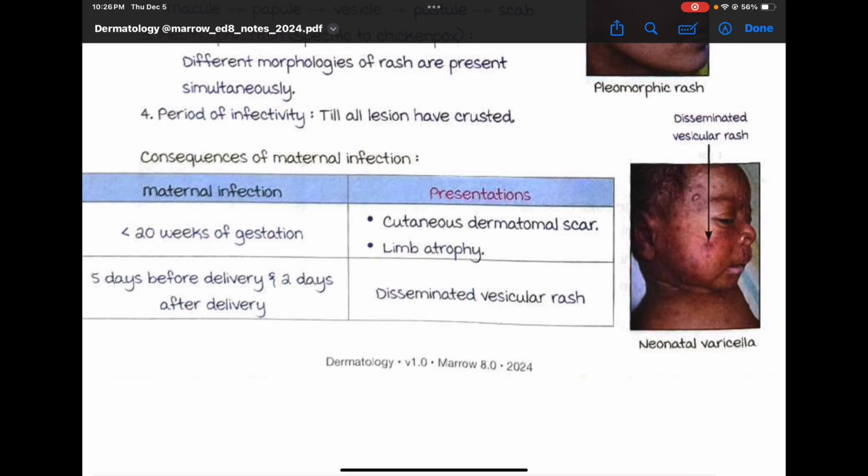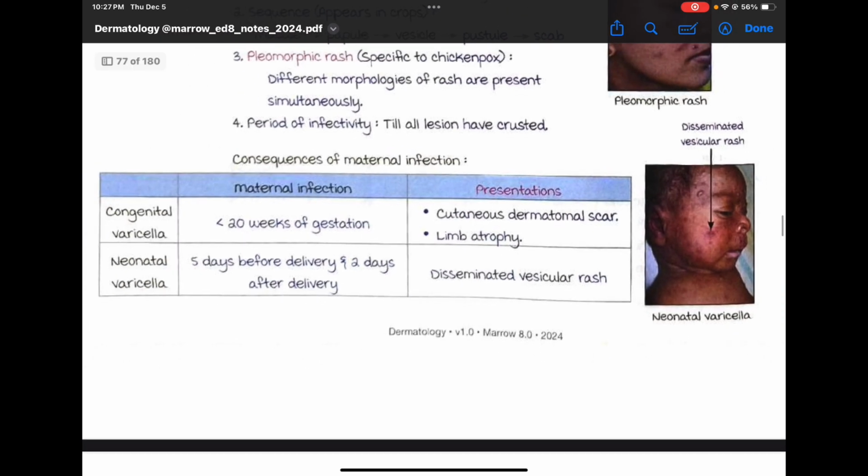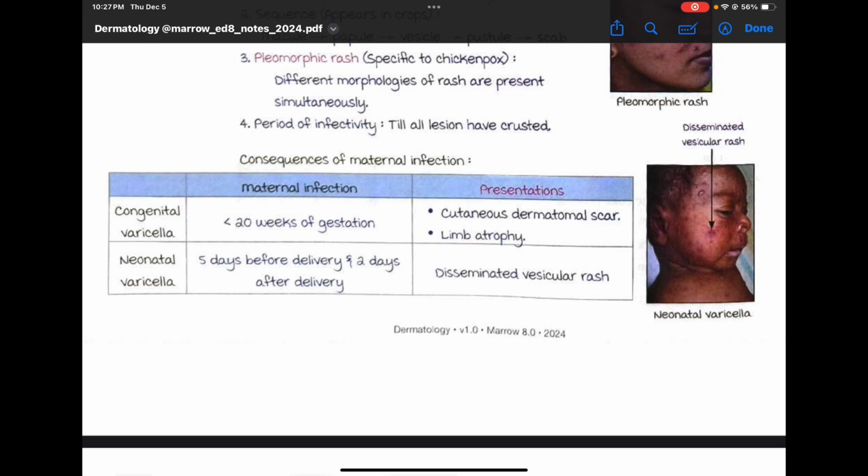Consequences of maternal infection. So as you know, this infection is not good when happening in pregnant women. That's why we immunize them before pregnancy. Maternal infection less than 20 weeks of gestation, presentation, that is called congenital varicella.